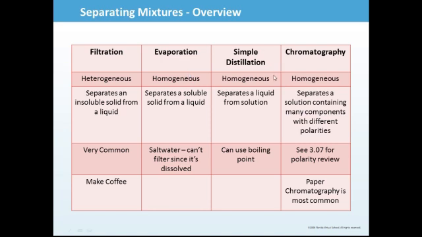Distillation is where we separate 2 liquids, and we can use the boiling points to make one boil first and collect that in another container, thus separating them. Chromatography you can definitely use in many, many areas. The most common for school is ink chromatography, where you can separate ink in relation to their different polarities.